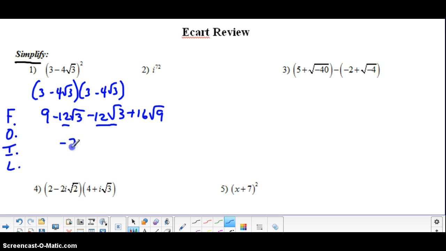So we have negative 24 square root 3. I'm going to bring down the 9. Here, we are going to have a like term with the 9 after we simplify this radical. Remember that the square root of 9 would be 3, and 3 times 16 would be 48. Now we're going to add 48 and 9, because they are like terms, so we have 57 minus 24 square root 3. These two are not like terms, so we are finished.